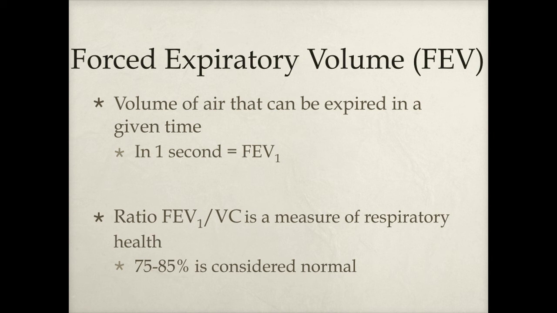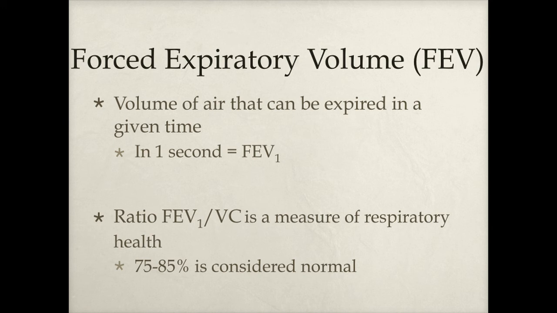Oftentimes, the ratio of the forced expiratory volume in 1 second over vital capacity is used as a measure of respiratory health. And in 1 second, a person should be able to blow out 75 to 85% of their total vital capacity.